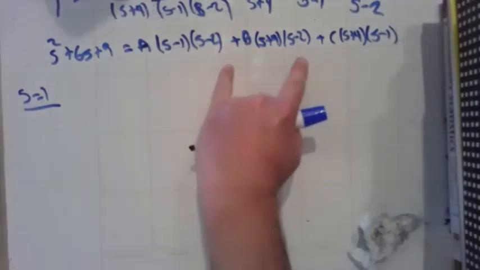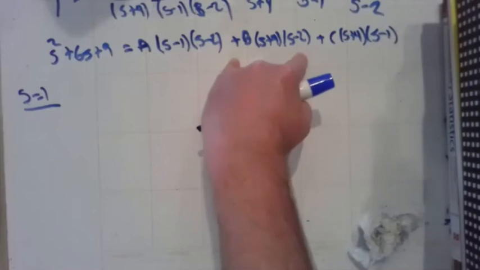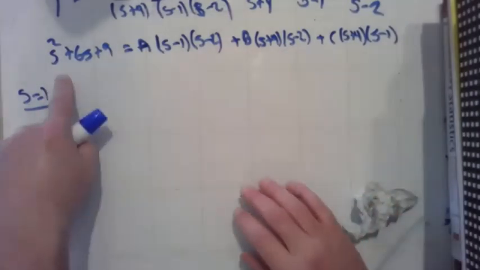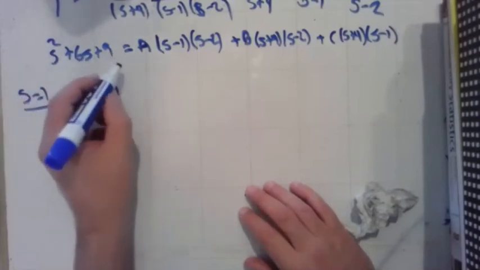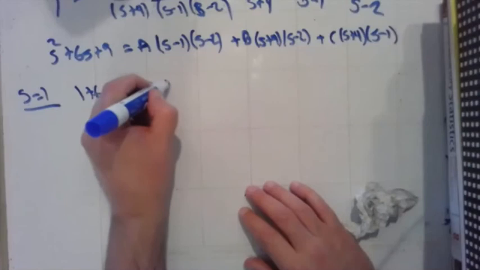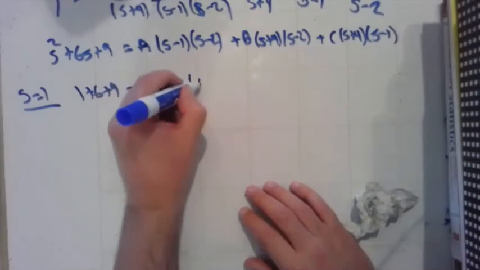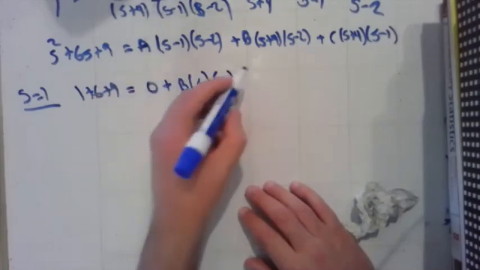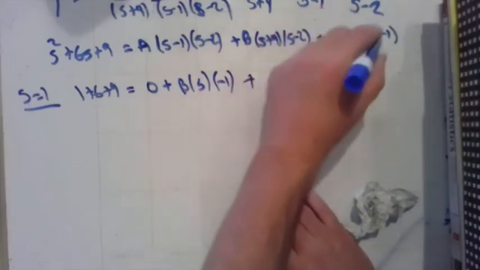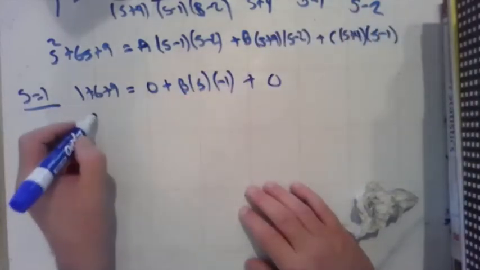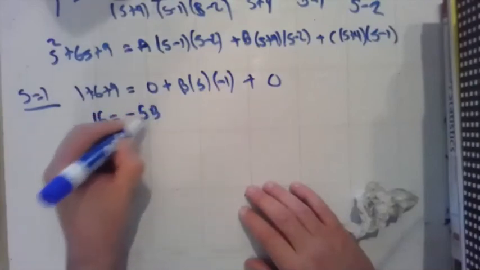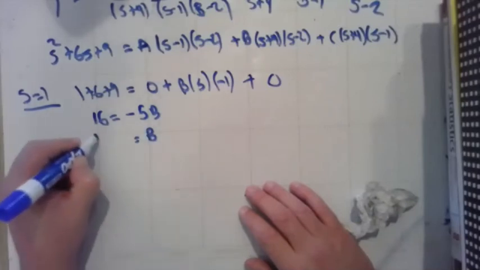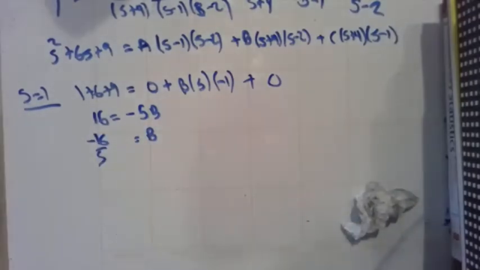The only thing left will be the B term, and I can solve for B. So we'll get 1 plus 6 plus 9, plugging in a 1 for s, equals 0, plus B times 5 times negative 1, plus 0. So 16 equals negative 5B. So B is negative 16 over 5. I check my notes, and yep, that's what I got before.